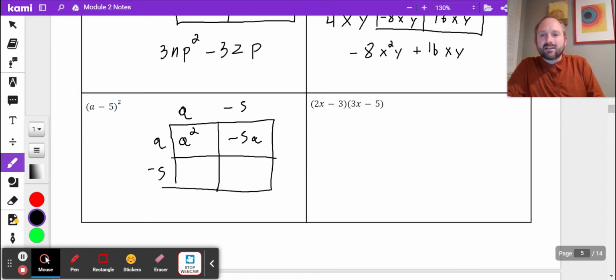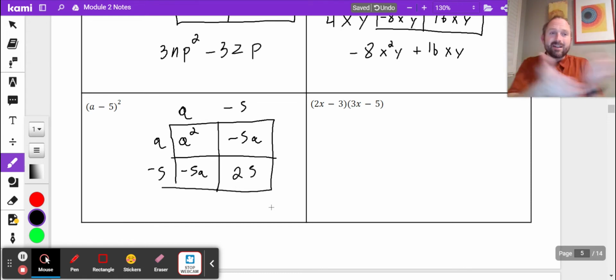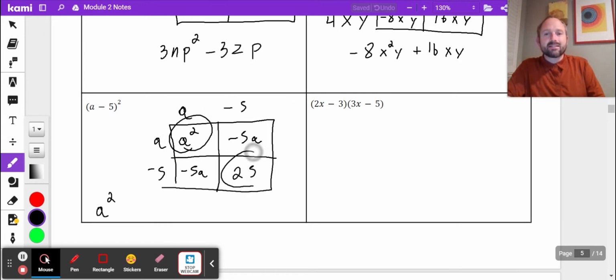Minus 5a, and negative 5 times negative 5 is 25. And now I just need to combine them. So while these stay the same, the middle part changes. Minus 5a minus 5a is minus 10a, not y, sorry.